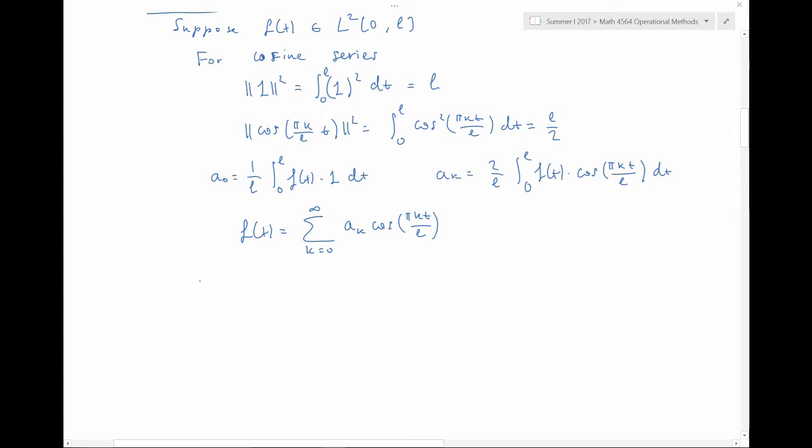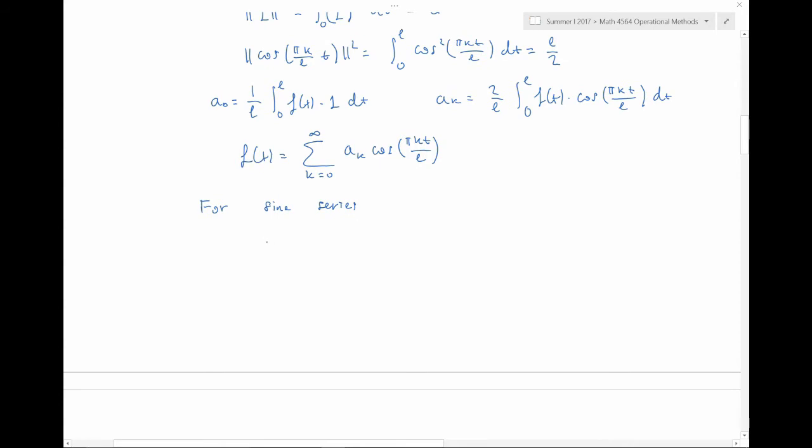If we want to compute the sine series, we already computed the norm.